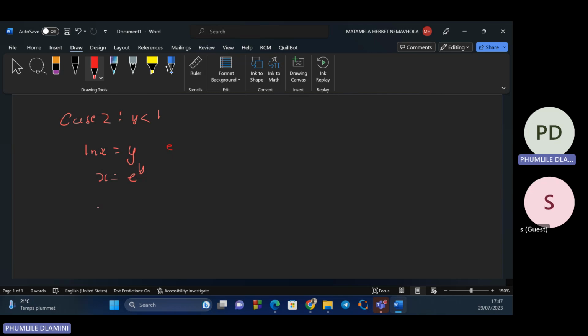So when x equals e to the power y, our g of x, which is equal to ln x, is going to be equal to ln of e to the power y, which is equal to y. So g of x covers all.